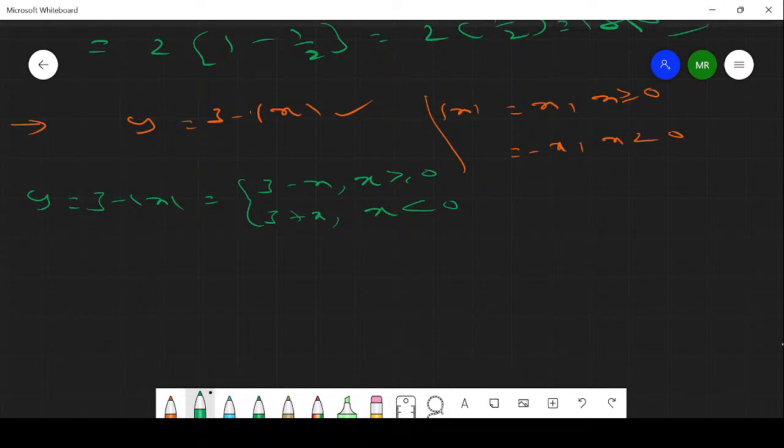Just draw the lines here, and then you can observe. Take the x-axis and y-axis.